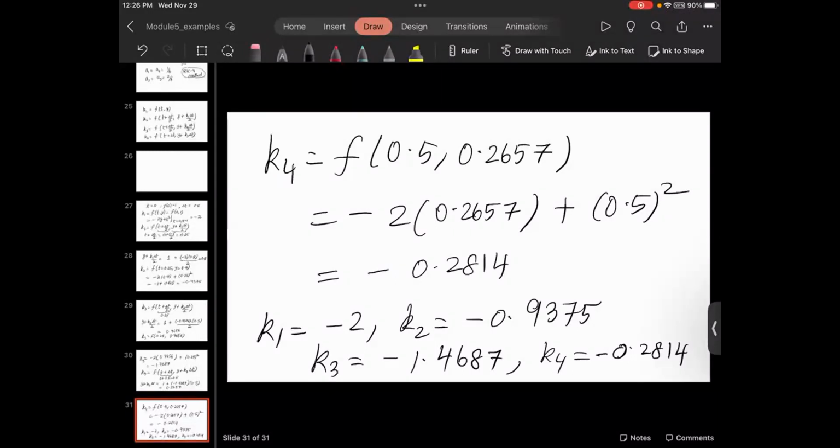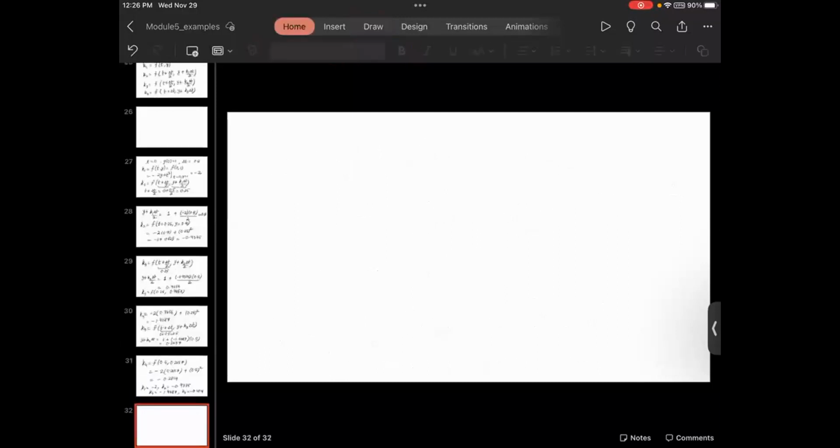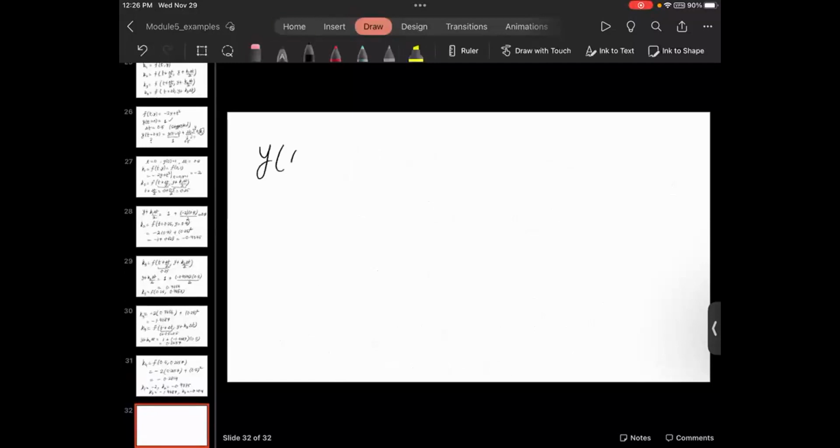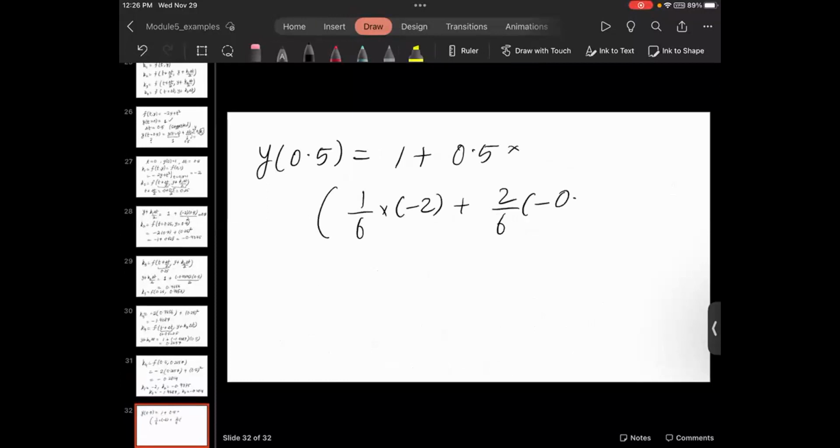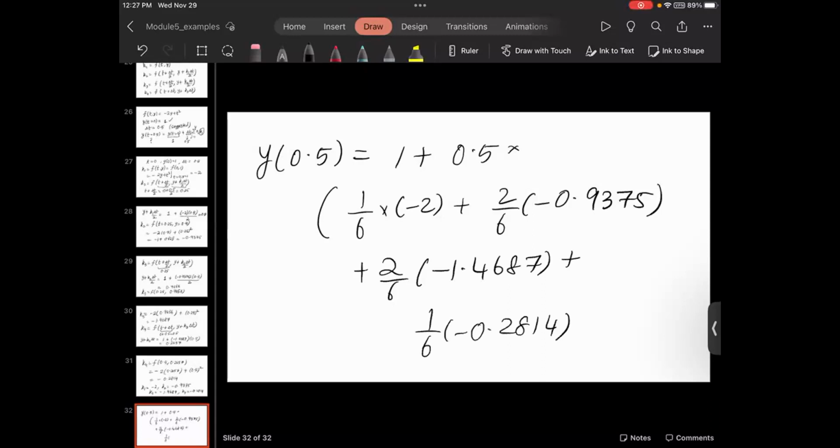Okay, we have this. Next step is for us to write y at 0.5 is 1 plus 0.5 multiplied by 1 over 6 multiplied by K1, which is minus 2, plus 2 over 6 multiplied by K2, which is minus 0.9375, plus 2 over 6 times K3, which is minus 1.4687, plus 1 over 6 K4, which is minus 0.2814.